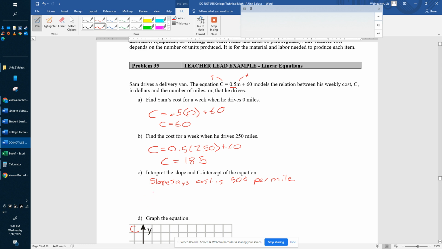The c-intercept, that is when our m is 0. This is saying the base cost is 60. So no matter what, he's going to have a base cost of 60 bucks.